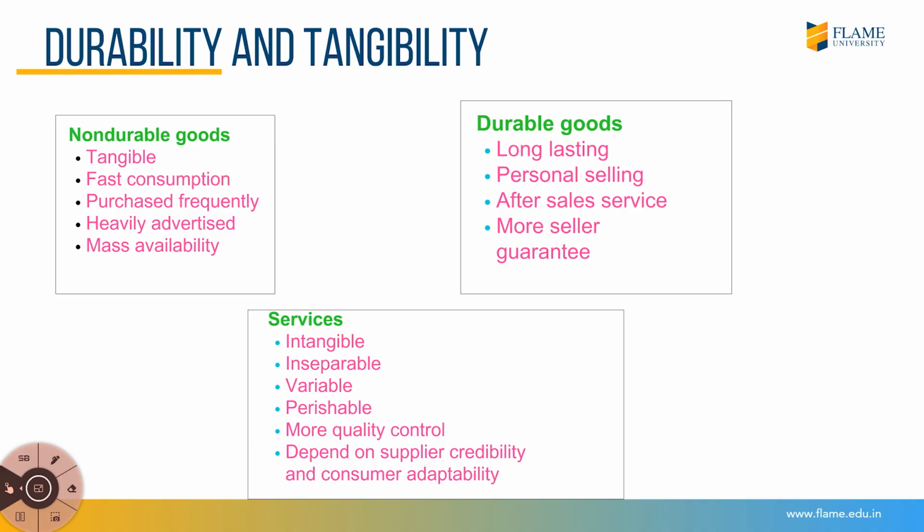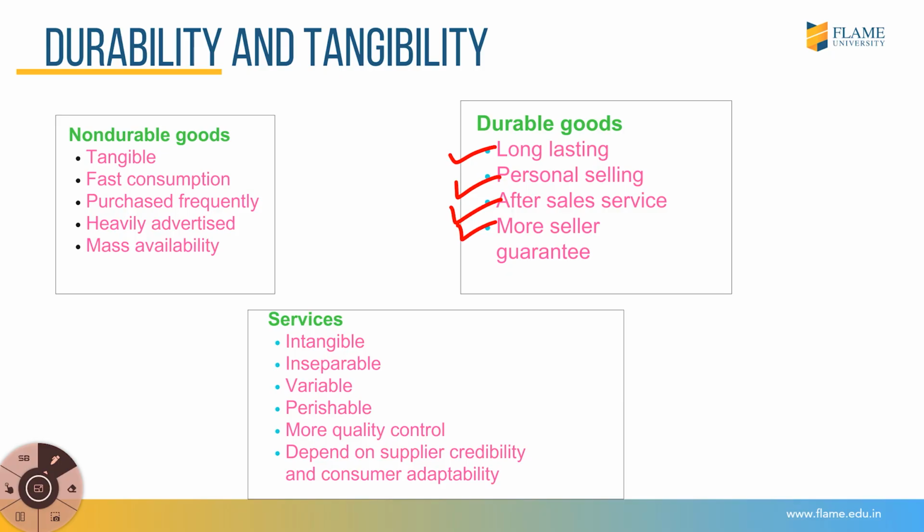When you talk about durable goods, they are long lasting. It involves personal selling. There is after sales service involved in it, and sellers need to give a guarantee. What do you think is an example of a durable good? Exactly, very right. Durable goods include televisions, radio sets, mobile handsets, which last longer.